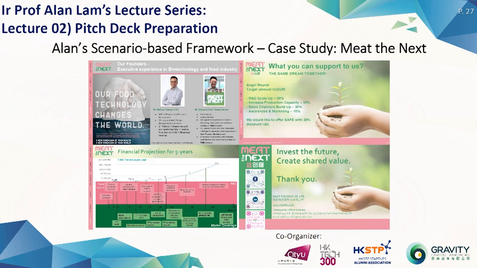After introducing the founders, they mentioned about the offer, how much money they want, how to spend that money, and then the forecast. If they have the money, and then they, based on their plan to execute, what is the outcome? Can you see that?